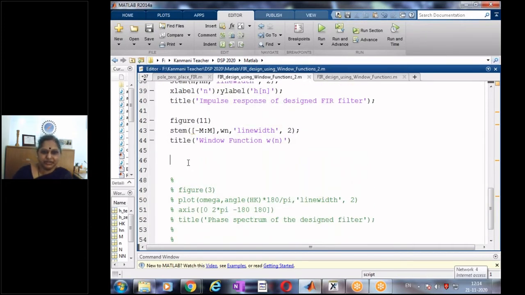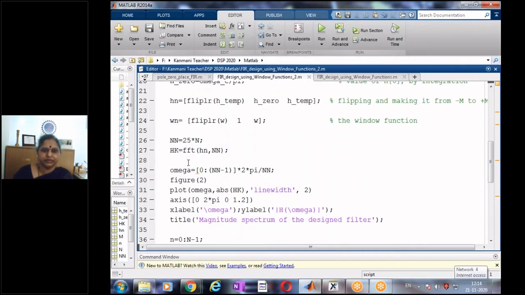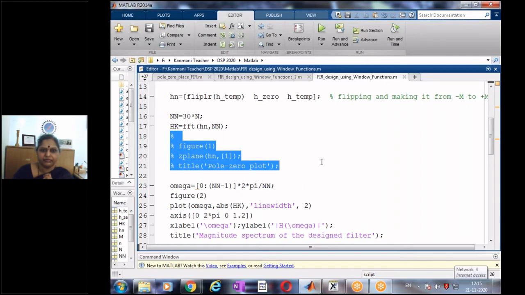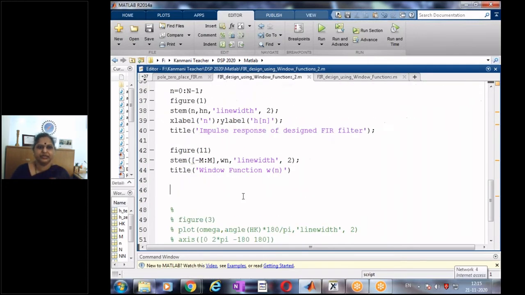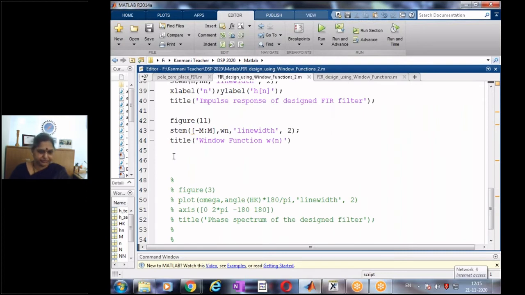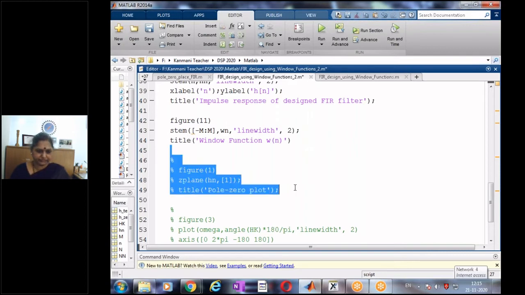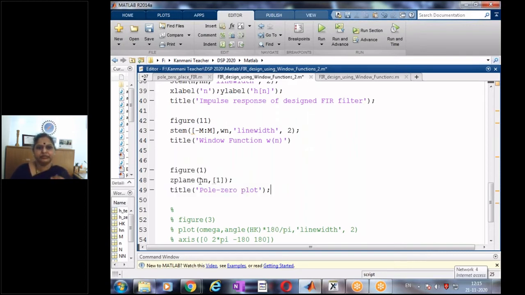So now I just have to put in the pole zero plot. So I'm having the design filter HN, and I'm going to look at the pole zero plot.